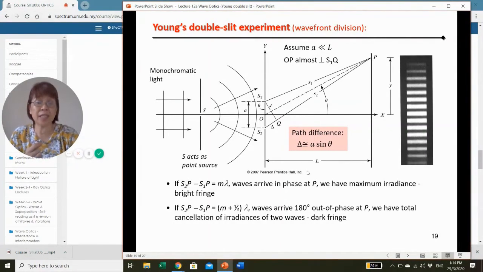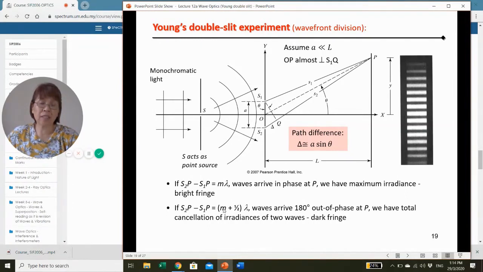But if it is equal to odd multiples of half lambda, then you find that it would arrive out of phase by 180 degrees. So they will have destructive interference.